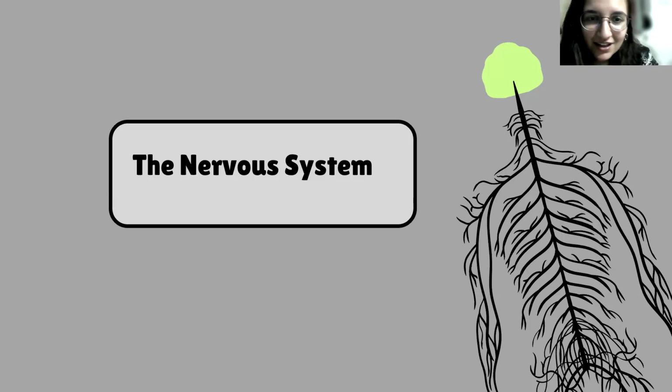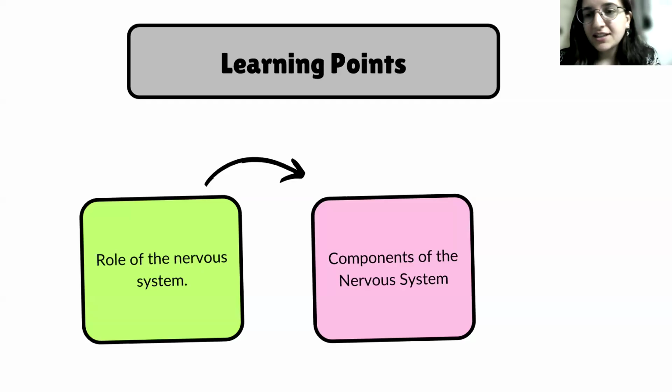Okay? All right. So today we'll be studying the nervous system. The nervous system, you can tell from the name, is related to the nerves. So let's get straight into it. In this lesson, the learning points are quite short, but if you have never studied the nervous system before, it might be a bit complex for you.